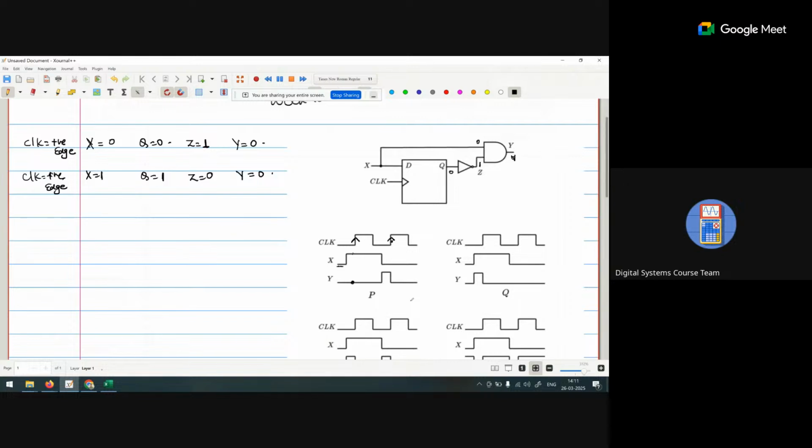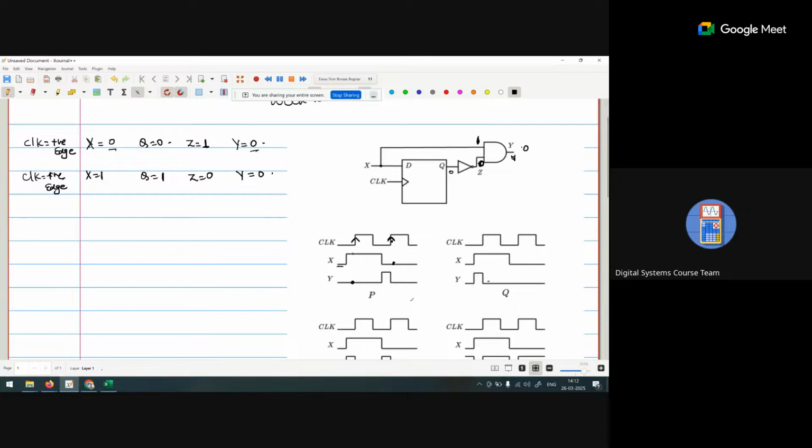Now when X is this one, again at the positive edge, X is 0, again Y is 0. X is 1, Y is 0. Either X is 0 or X is 1, every case Y is 0.